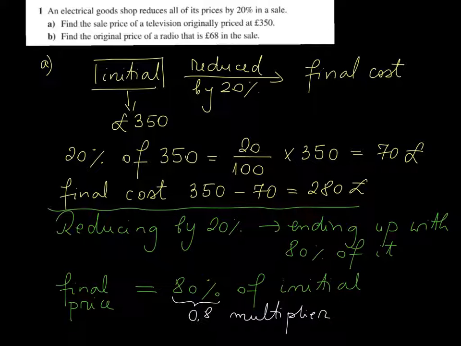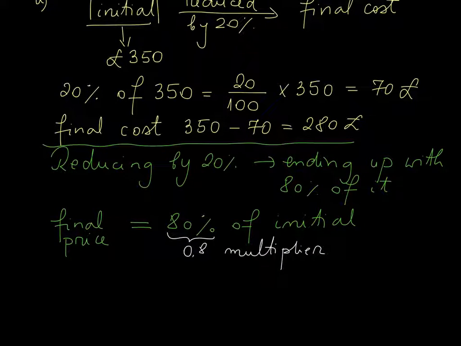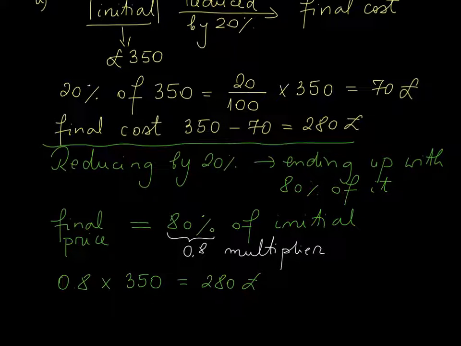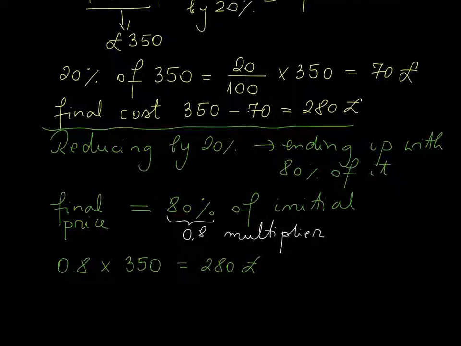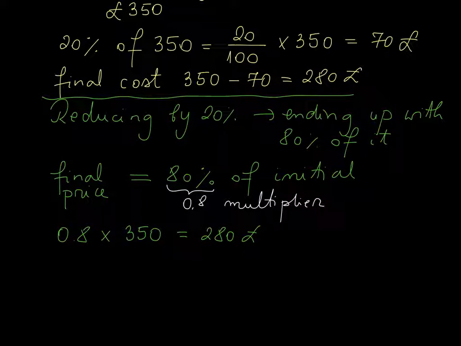So my final price will be 80% of the original price, which is 350. If you take a calculator, you'd get 280 pounds, which is your final price. Exactly the same answer using a different method.